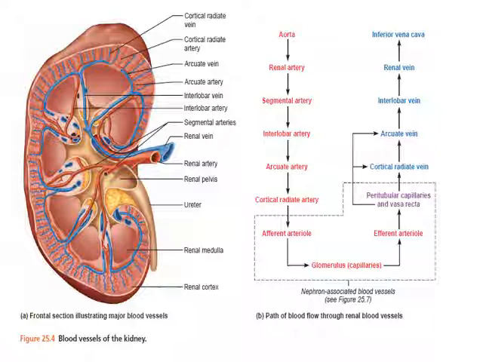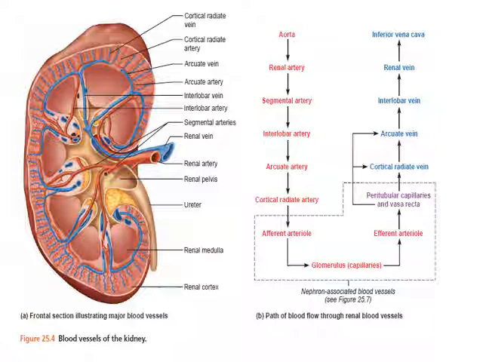Again, the efferent arterioles pass into two types of capillary channels. It passes into either peritubular capillaries or the vasa recta. I will explain in a moment.